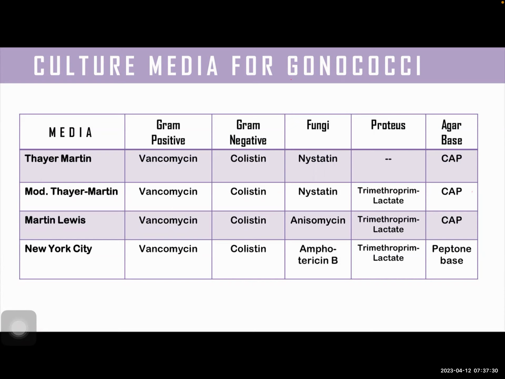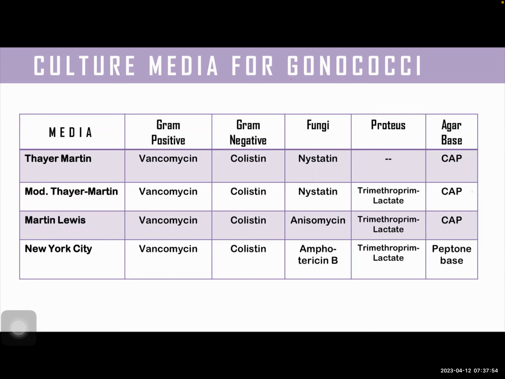And this is achieved through the use of very specific culture media that is presented on the given slide. So there are four: Thayer Martin, modified Thayer Martin, Martin Lewis, and New York City agar. These are very selective agars because they have inhibitory agents against a lot of possible organisms that can compete with the growth of Neisseria gonorrhoeae.